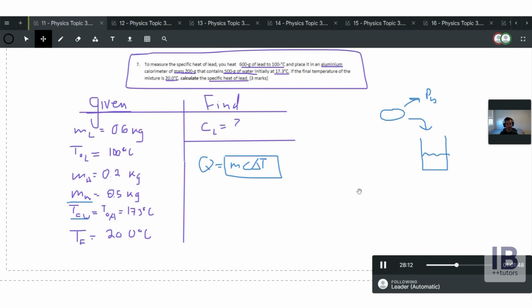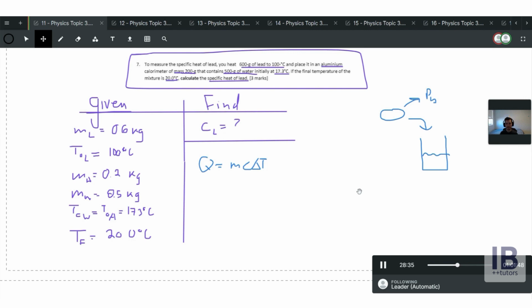So you have 3 masses and 3 temperatures, and here, that's only 1 mass, 1 temperature. So I'm assuming you'd have to have formulas that equate to each other. Exactly. You probably do 2 of them. Okay. So how would you think about this?